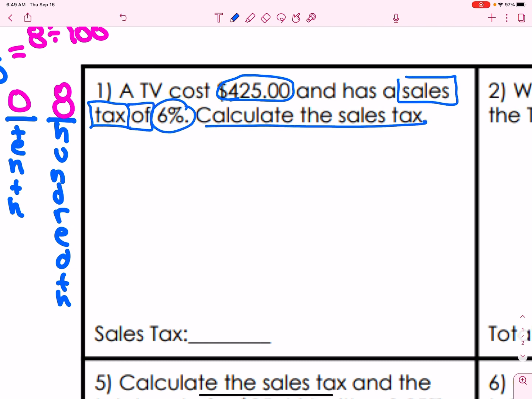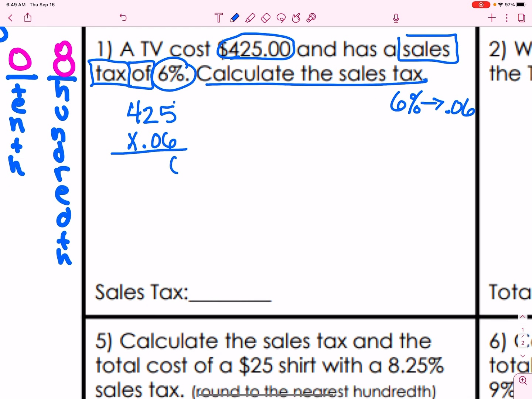Calculate the sales tax. $425 times 6% turns into 0.06. 6 times 5 is 30. 6 times 2 is 12. 13, 14, 15. 6 times 4 is 24, and 1 is 25. 2 numbers past the decimal. So the tax is $25.50.